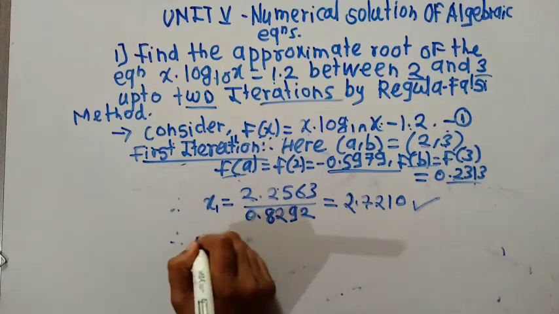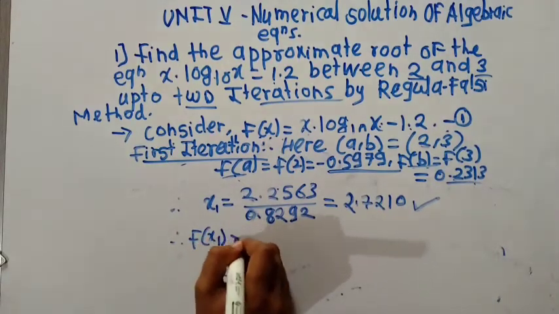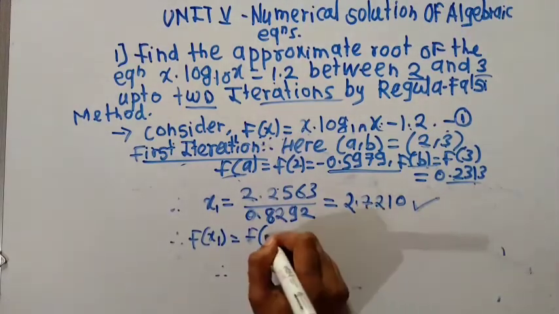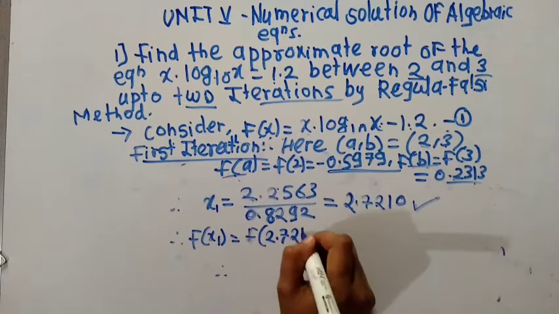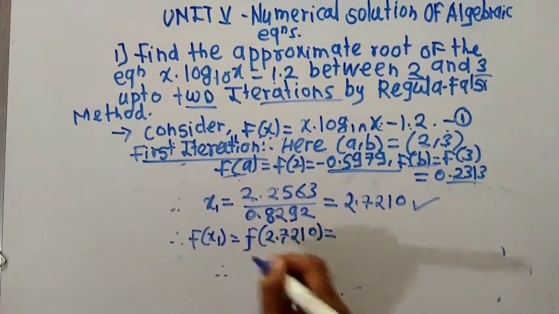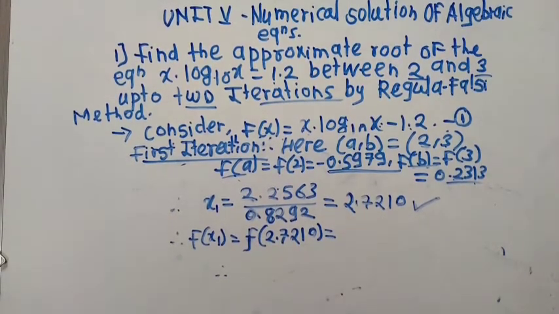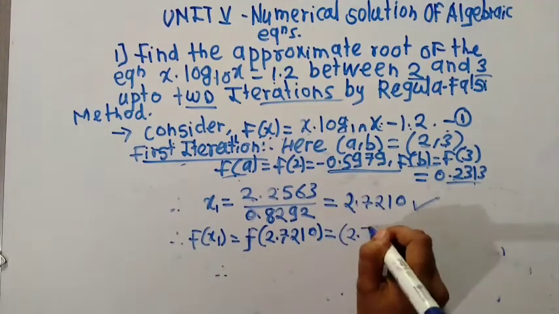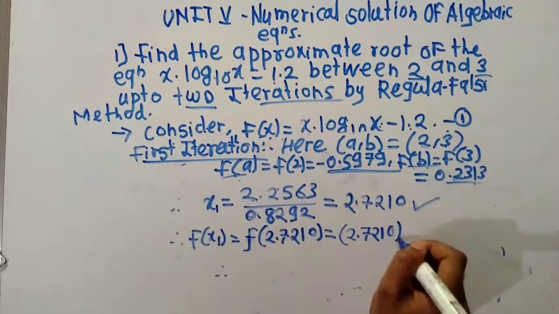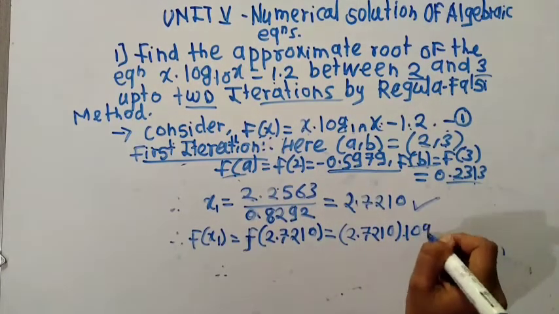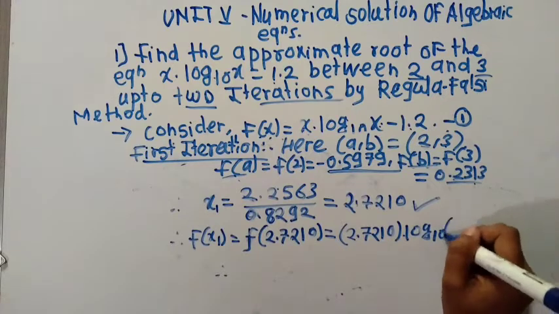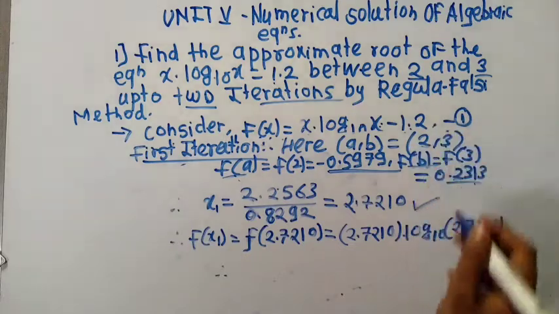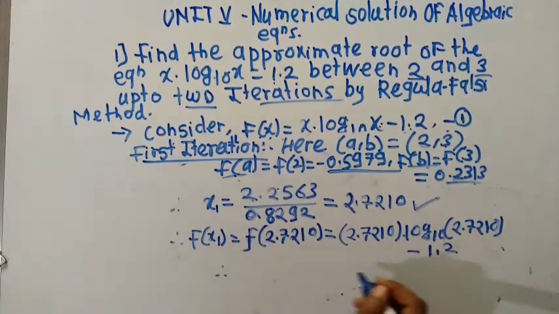Then find out f of x1, which is equal to f of 2.7210. Put 2.7210 in this equation: 2.7210 into log10 2.7210 minus 1.2.